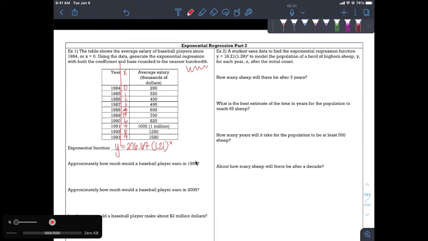Here they want me to find how much a baseball player would be making in 1997. Now, I could store this again as the shortened form, or I can call it up with the actual exact equation. Here they're asking me to round, so I'm going to have to use this equation.